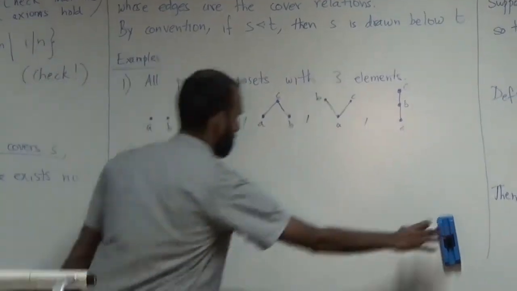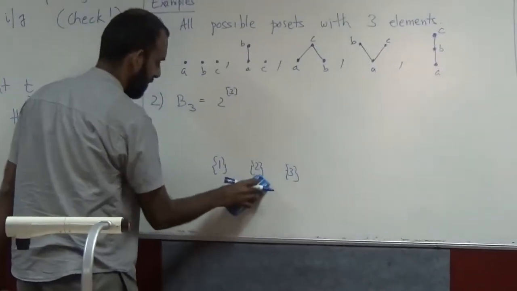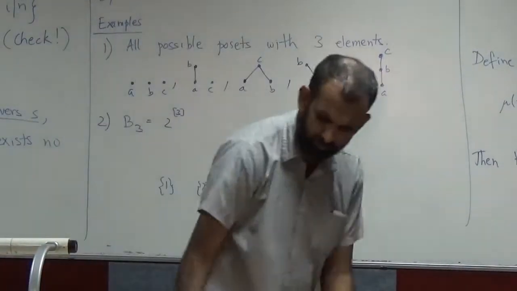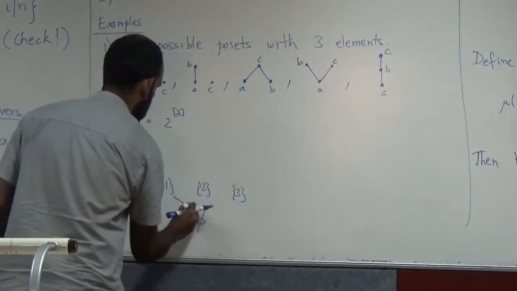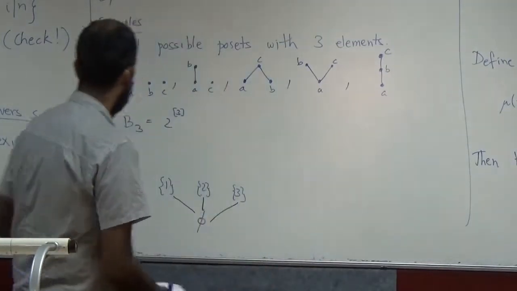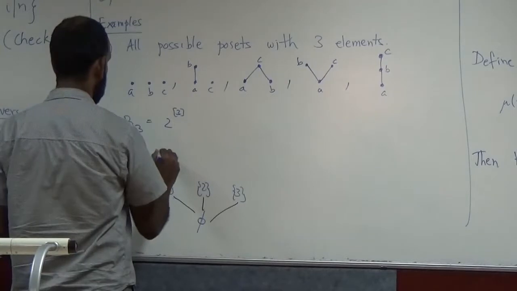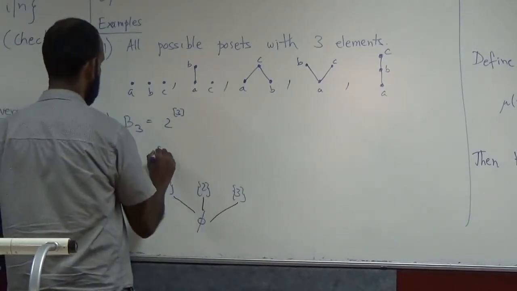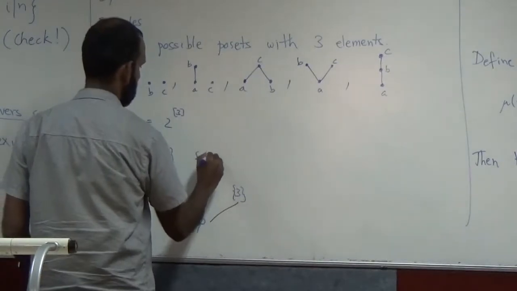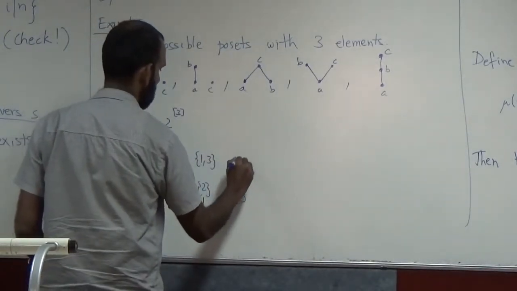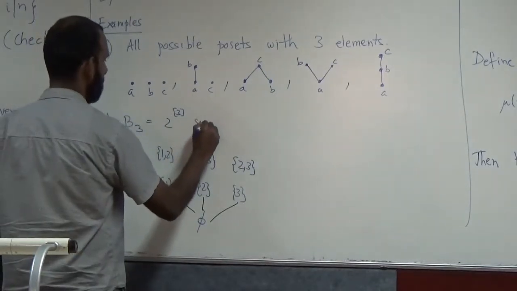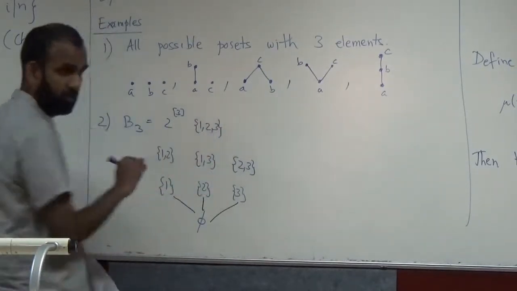Okay, actually it might help if I draw black lines as edges. And then, by the same logic, I'll have the 2-element subsets of {1, 2, 3}, and finally I'll have all of {1, 2, 3}.